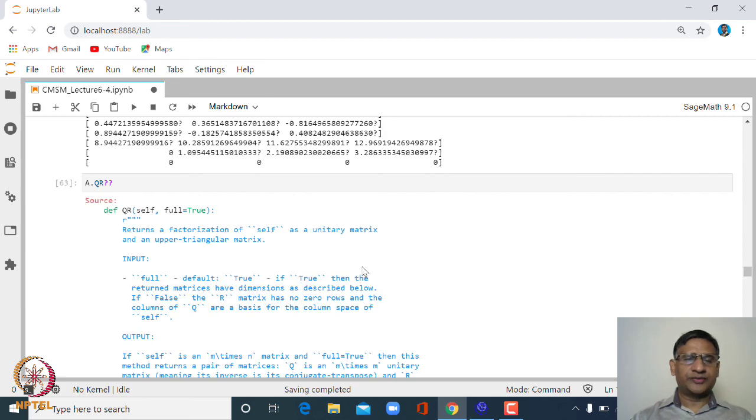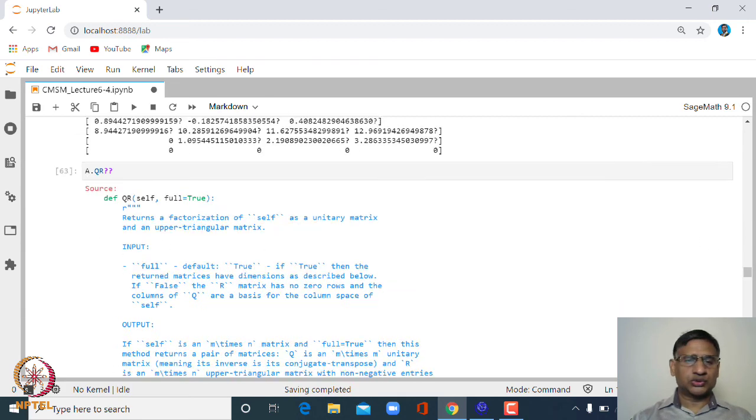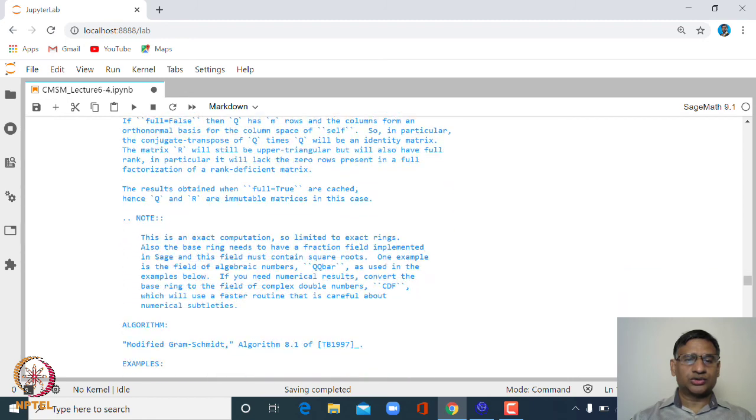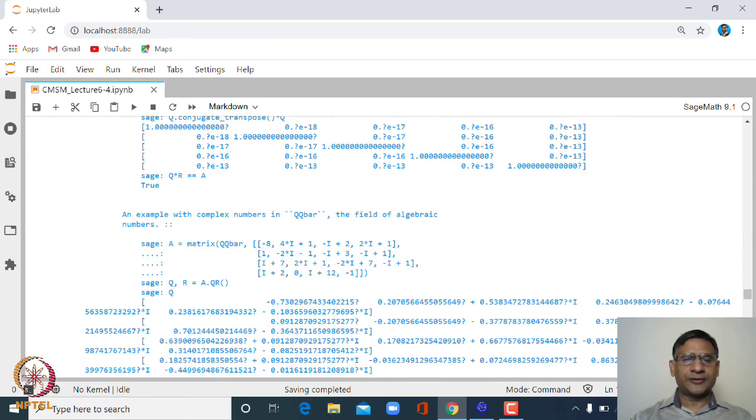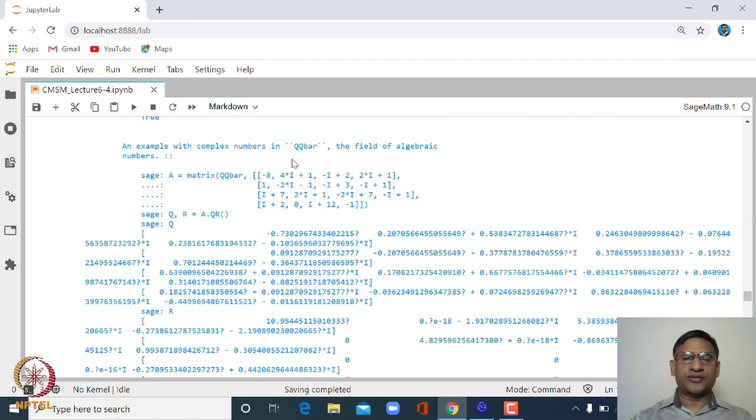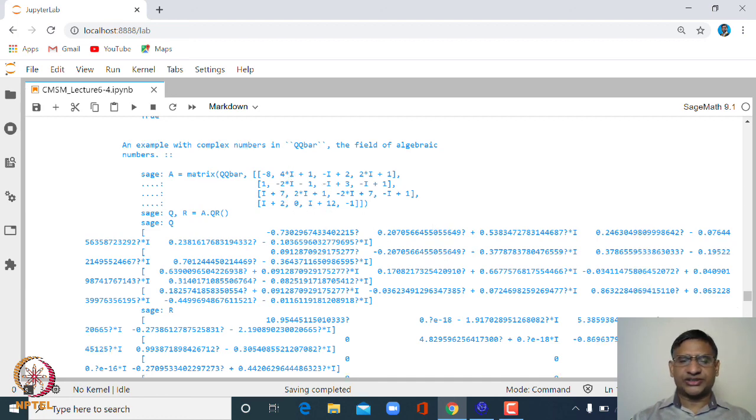Okay, this is the QR factorization source code. So it also gives you the source code, and here there are several examples. You can see here this is a bigger example, it is actually a 5 cross 5 matrix, and it can also find QR factorization of complex matrices. So that is what it says, and so on.